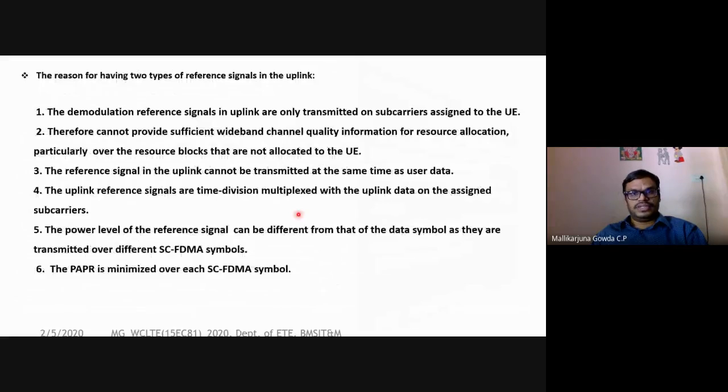So why do we have two different types of reference signals in the uplink? The reason is quoted here.